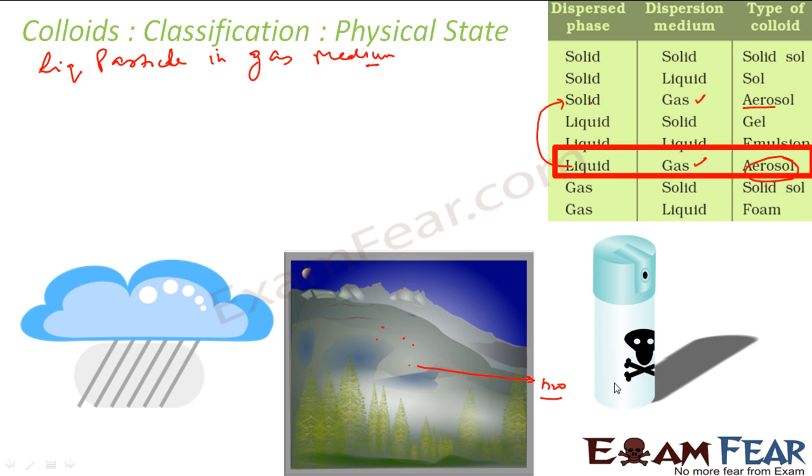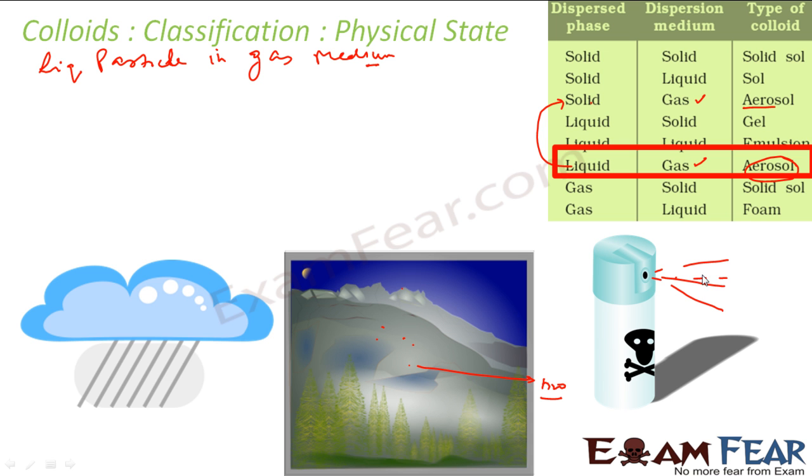If we talk about insecticide spray or the deodorant which you use, they are liquid particles in gas. There is a difference between spray paint and this insecticide. When you spray paint, the particles you get are solid particles, right? The solid particles stick to the wall or any place where you spray the paint.